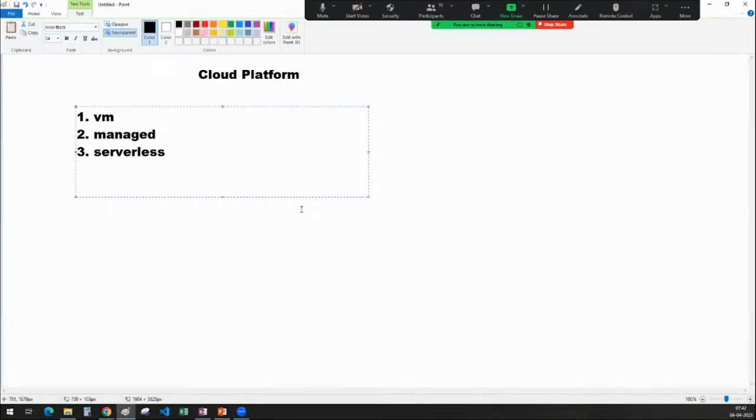Okay, these are the three categories. If you go to any cloud platform, the services in the cloud platform are categorized into three. One is VM based services. One more is managed services or fully managed services, and the third one is serverless.